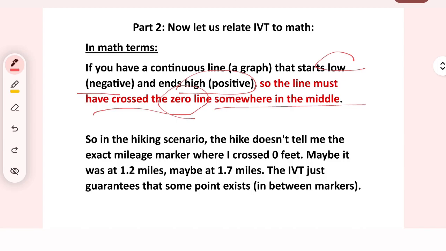Although it is not mentioned here, the IVT would assume that it must have crossed somewhere as the line travels from the negative to the positive.